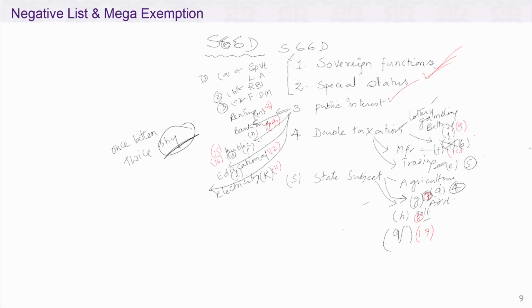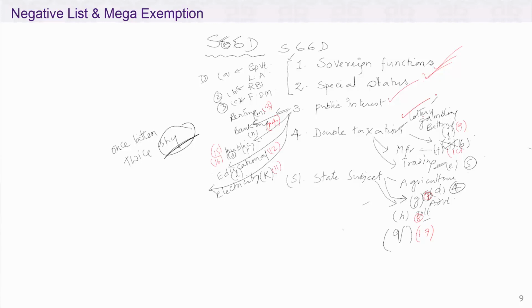On the basis of public interest also they have put so many services under the negative list for fear of offending the public, you can say. For fear of incurring the wrath of public, which will be very expensive, particularly for elections. If you want to get elected again, you have to do everything that is necessary, and public, they are not foolish. You can't fool them always. Once you can do.